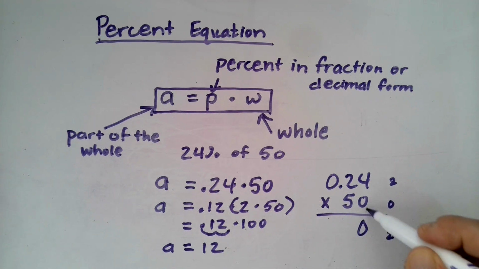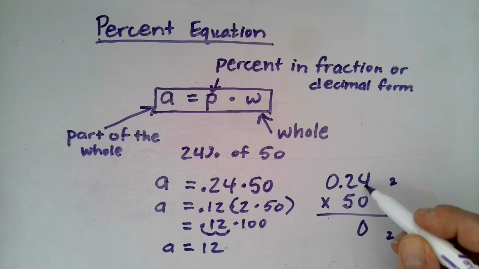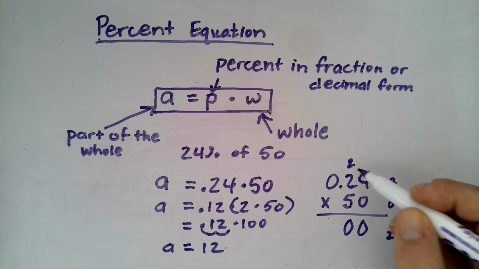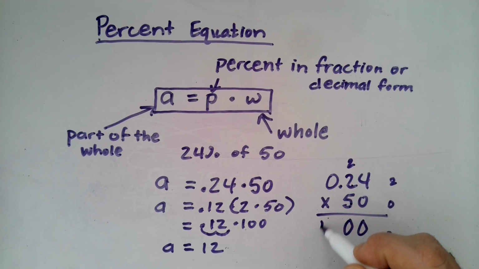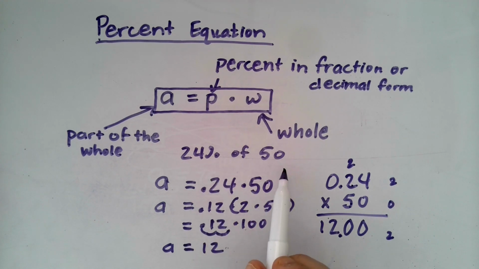So if we multiply this out, we get 0, and then we move over to this column. 5 times 4 is 20. 5 times 2 is 10, plus 2 is 12. And we do our quick check, we need 2 decimal places, so our answer is 12.00, which is the same as 12. So we have figured out what is 24% of 50.